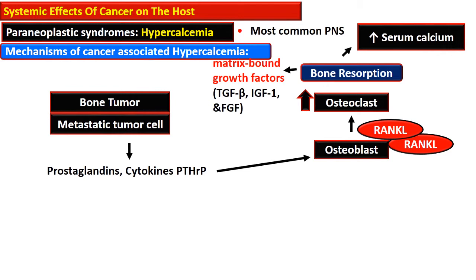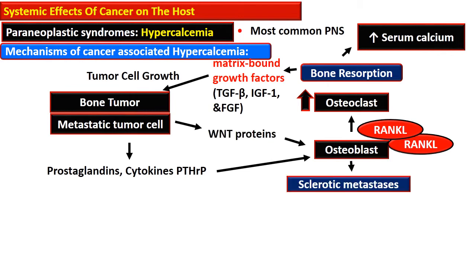The bone resorption will liberate numerous matrix-bound growth factors such as transforming growth factor beta, insulin-like growth factor 1 and fibroblast growth factor that will function as nutrient for the tumor cells, and they are responsible for the tumor cell growth in that particular environment.